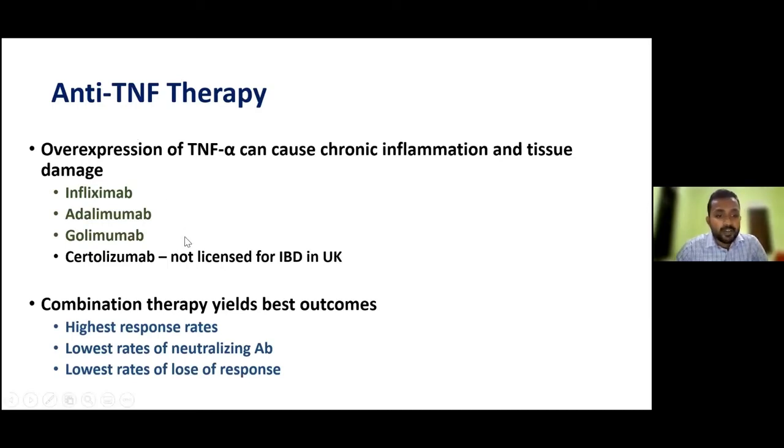And we might need to use a combination therapy, that is anti-TNF plus immunomodulator, that could be azathioprine or 6-mercaptopurine or methotrexate, because it has been shown that this combination therapy yields the best outcomes, as it is associated with the highest response rates and the lowest rates of neutralizing antibodies and loss of response.